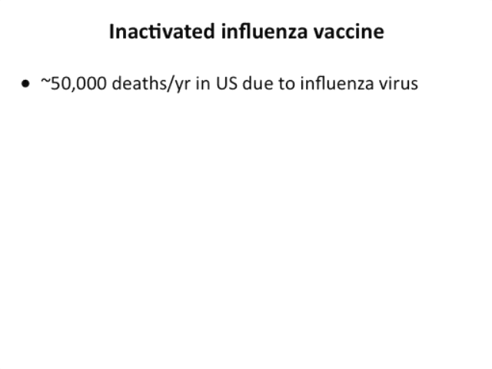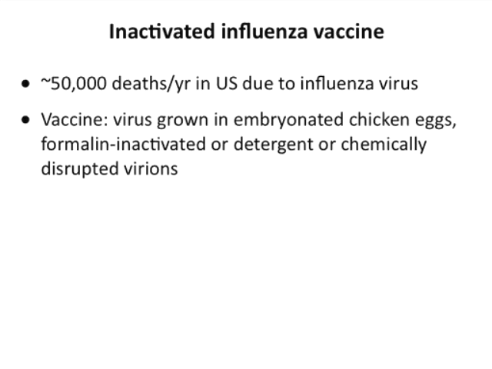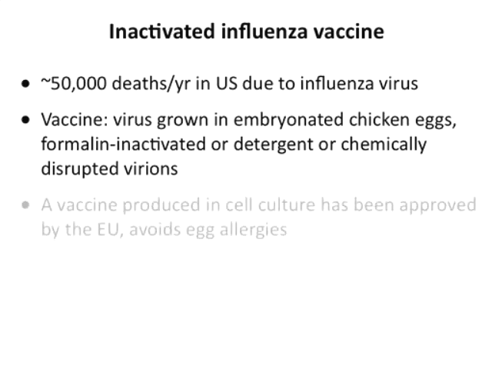So we have an inactivated influenza vaccine, which is available because there are a lot of deaths per year in the US as a consequence of influenza, and that's why we have this vaccine. It's grown in chicken eggs. It's inactivated with formalin and detergent, so the virions are basically disrupted, and you have mainly HA and NA present.